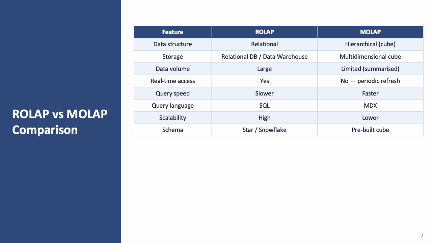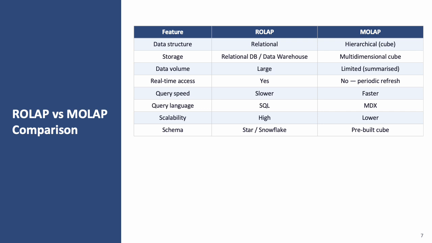On data volume, ROLAP can store enormous amounts of data because it leverages the full capacity of a relational database. MOLAP is more limited because it only stores pre-summarized aggregated data. The raw transactional detail is not kept in the cube.